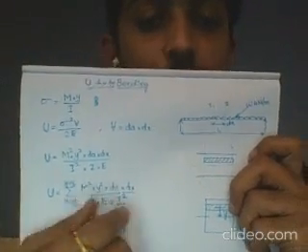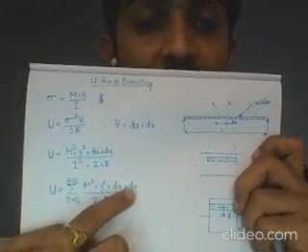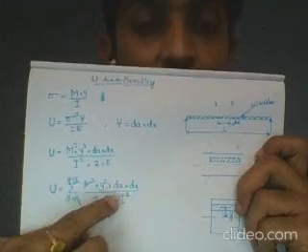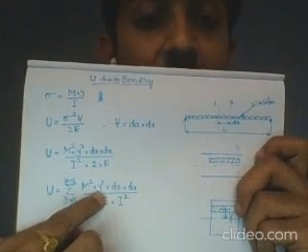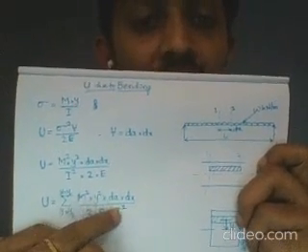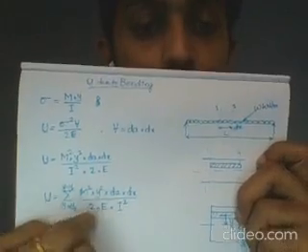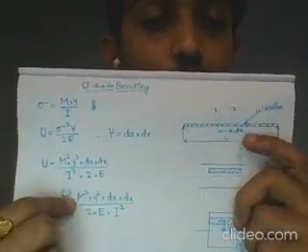If I deduce for the entire beam, dx has to be written in terms of length, whereas dA will be written in terms of dy if I consider it two-dimensional, or I have to define the other dimension as well. Using this equation, I can deduce strain energy due to bending.